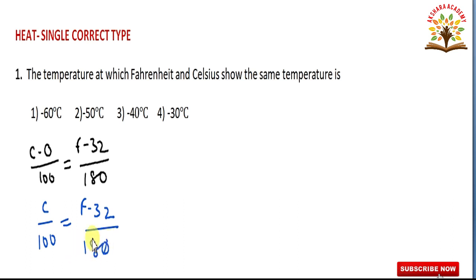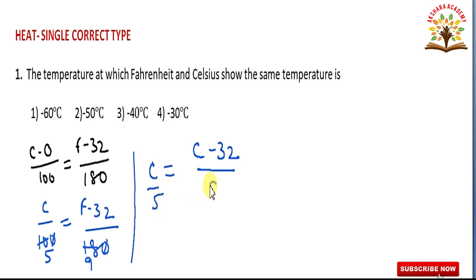The zeros cancel. Two 5s are 10, two 9s are 18. So C by 5 is equal to (F minus 32) by 9, and in the place of F we are also writing C.